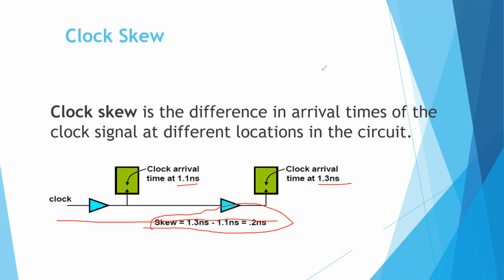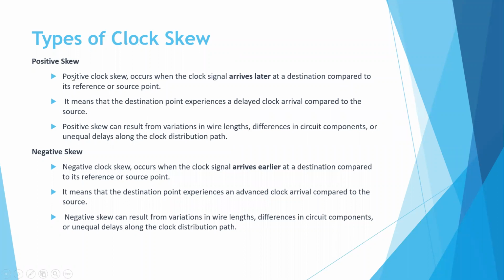This is another type of constraint which we have in our timing analysis. Clock skew is of two types: one is the positive skew and the other one is the negative skew. Positive skew occurs when the clock signal arrives later at the destination compared to its reference source point.